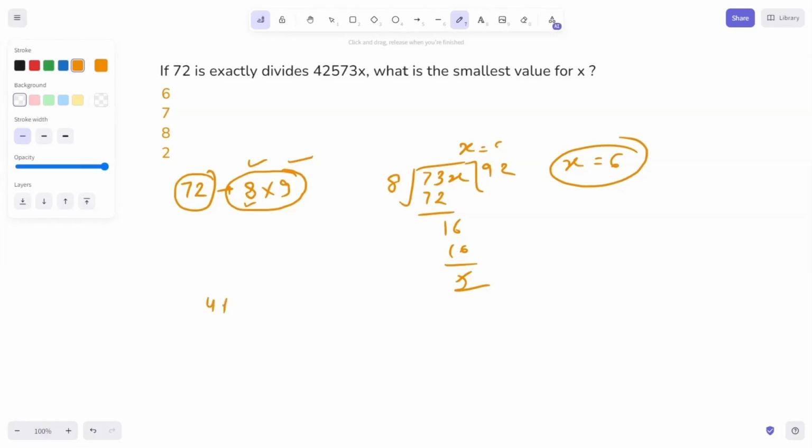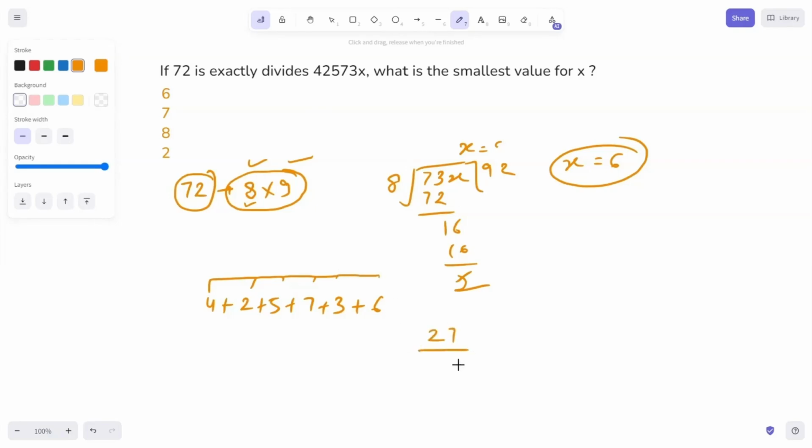So 4 plus 2 plus 5 plus 7 plus 3 plus 6. The divisibility rule of 9 is that if the sum of the digits of a number is divisible by 9, then the complete number is divisible by 9. 4 plus 2 is 6. 6 plus 5 is 11. 11 plus 7 is 18. 18 plus 3 is 21. 21 plus 6 is 27.